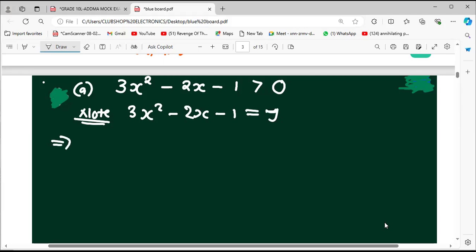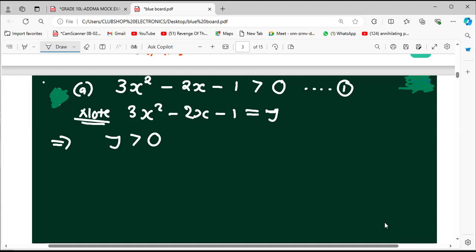Implying that another way of writing this, we can have y is greater than 0. So we want the values of x for which y is greater than 0. So now, how do we do that? We can try to maybe factorize the left-hand side of this inequality.